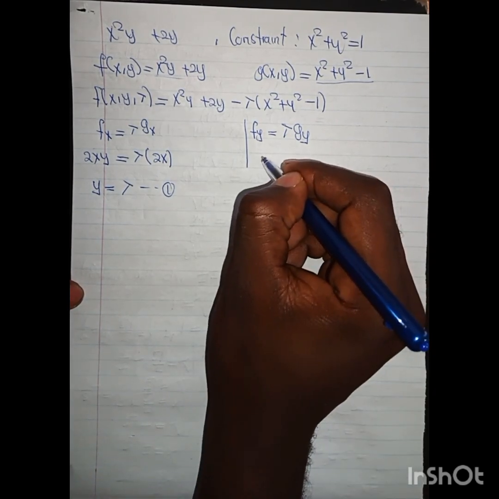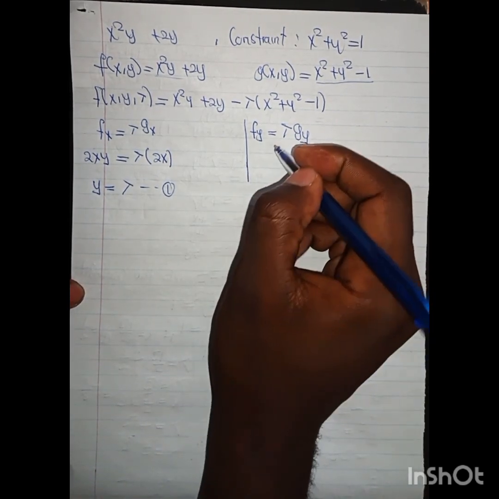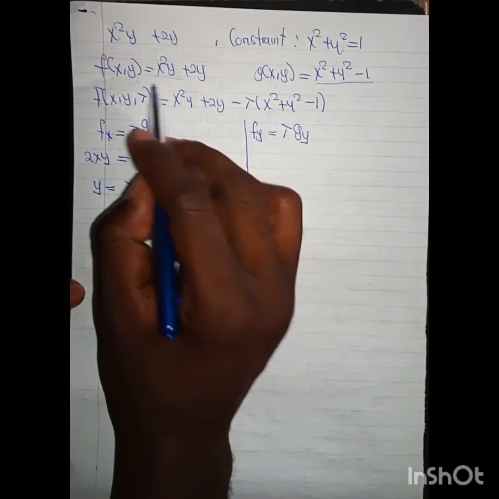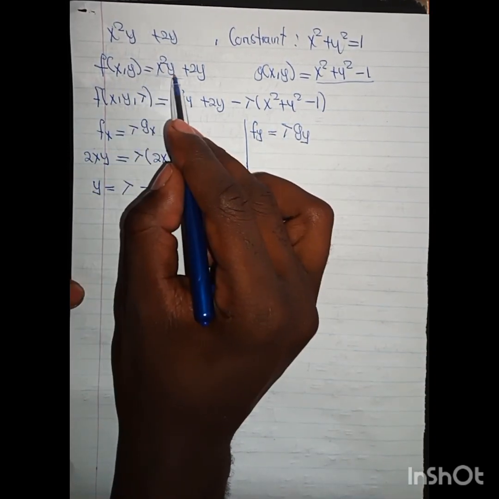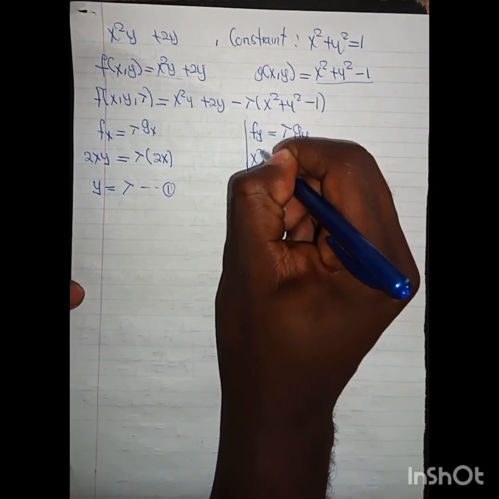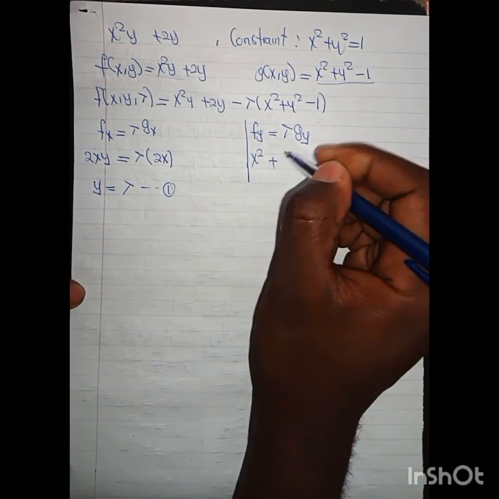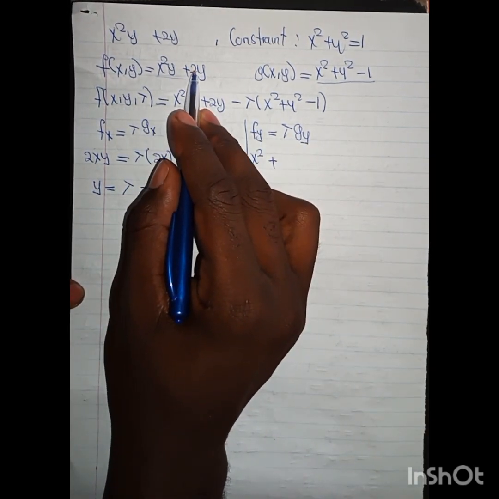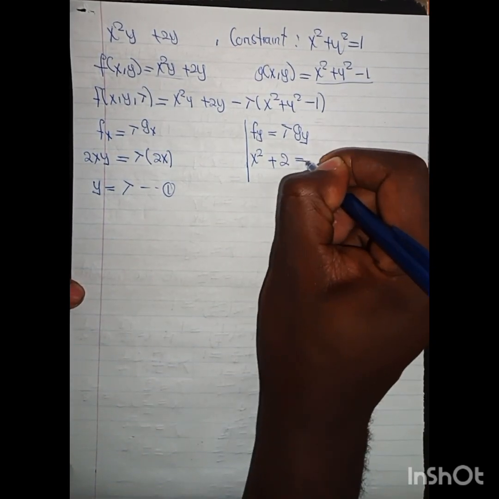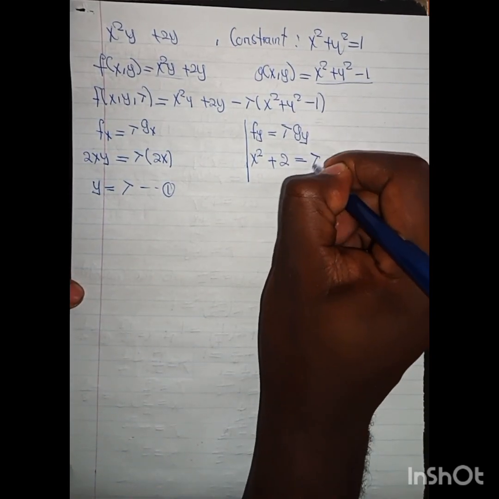Then we can now find f sub y or lambda from this equation. F sub y, we differentiate the function f with respect to y. Then this is nothing but x squared plus, because we differentiate with respect to y, plus 2 is equal to lambda.